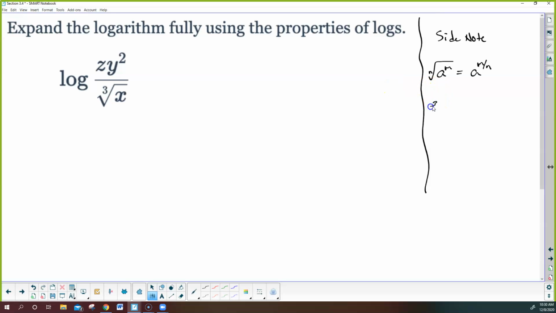For example, if I have the third root of x, this is technically x to the first, and then the third root is the divide by 3. So that's what the bottom is going to kind of work out to be. Some people like to write this, some people don't. All I'm doing is changing the bottom so it's x to the 1/3 power instead of the third root.